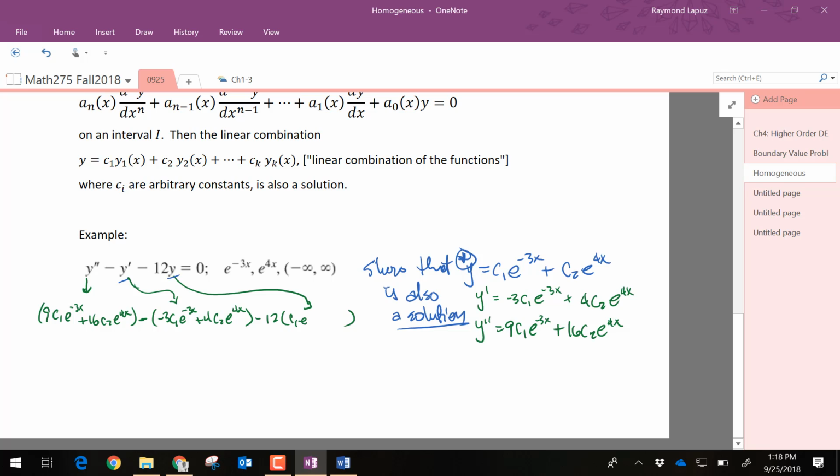It's c1 e to the minus 3x plus c2 e to the 4x. And this hopefully will equal 0. This is to prove that the linear combination of these two functions here is also a solution.